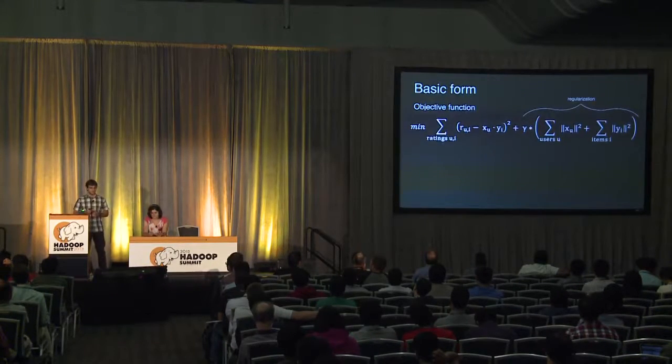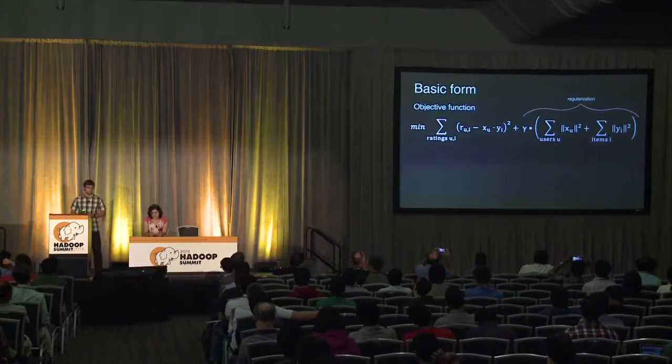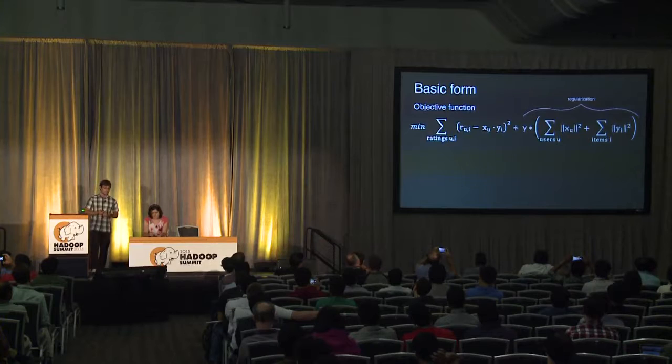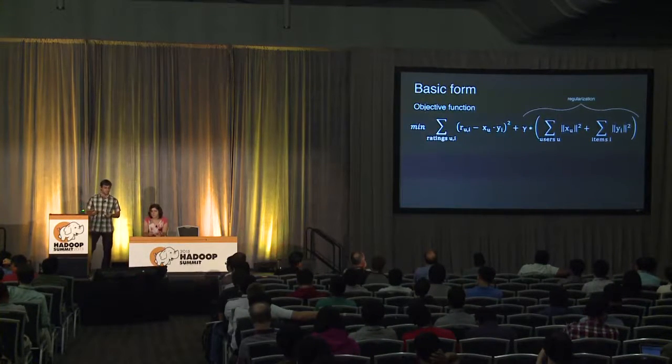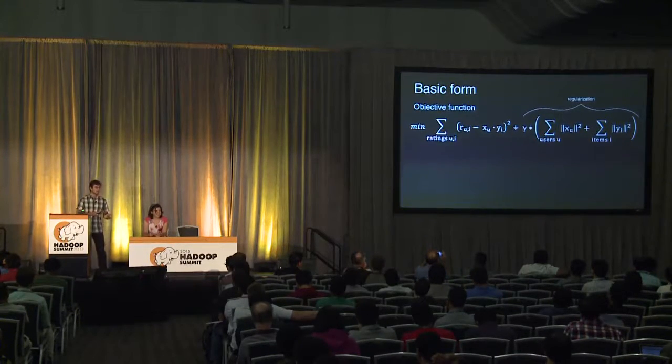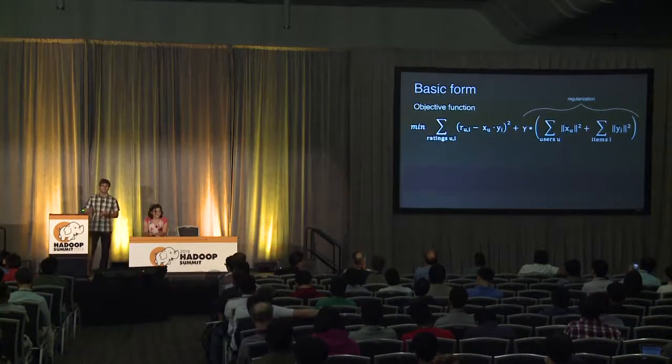This is the basic form of the objective function that we are using here. In this formula, x and y represent user and item feature vectors, and r is the known ratings that are already provided. So the idea here is to minimize the difference between the actual value, which is r_ui, and our predicted approximated value, which is the inner product of corresponding user and item feature vectors.